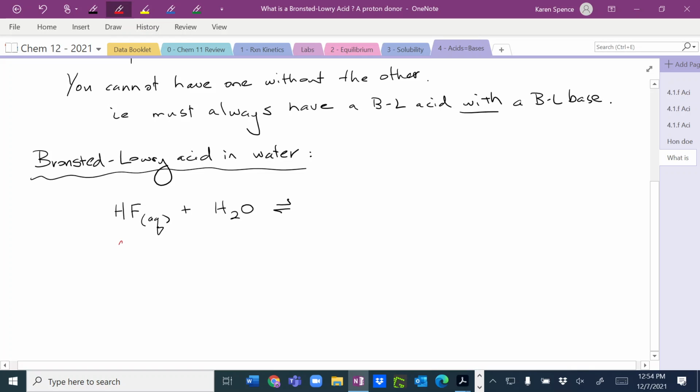If HF is acting as the acid, it must be donating its proton to water. And water is acting as the base, and it is accepting that H plus ion, the proton. Yeah? What does HF turn into when it donates its proton? What does it become?